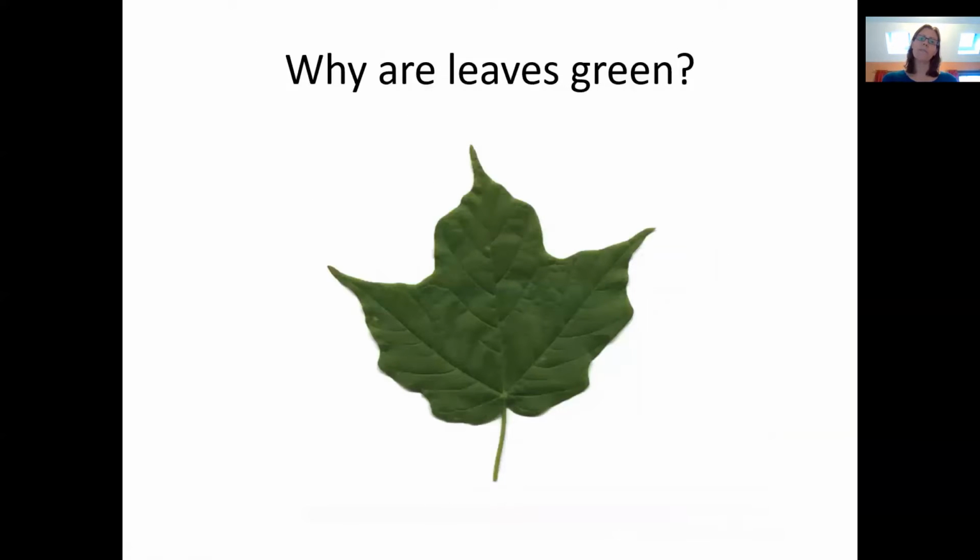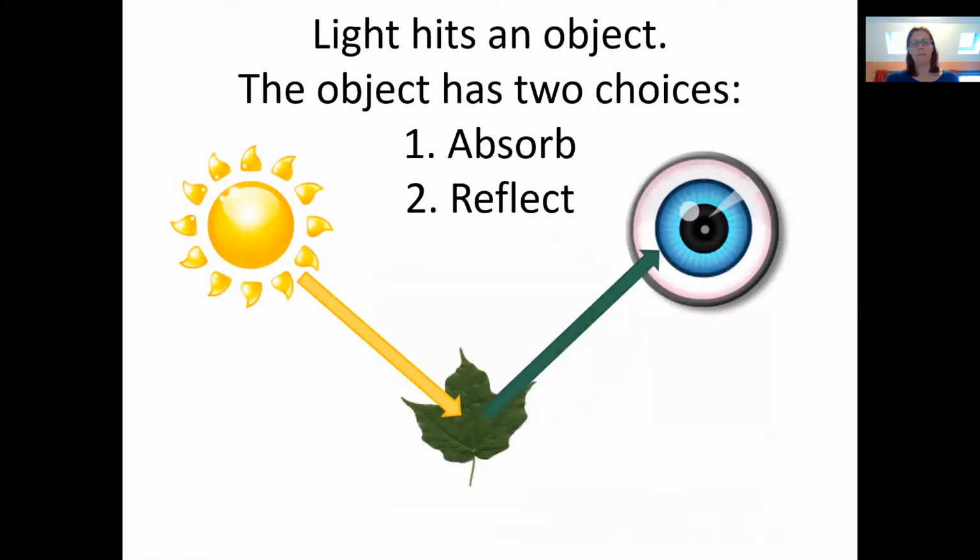So here's a question. Why are leaves green? It's something that we kind of take for granted. You see all these different colors, like a leaf is green because it's green, right? Well, it turns out the reason a leaf is green is because more green light is reflected off of that leaf, and the red and the blue light that might otherwise make that leaf white, if it was reflecting in all wavelengths, is getting absorbed.